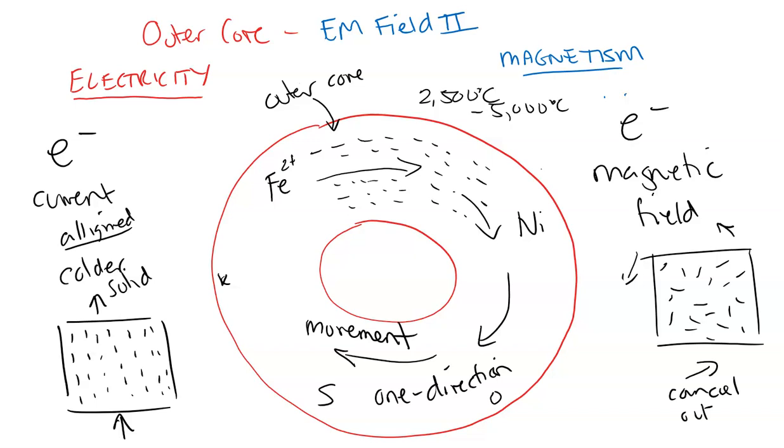So this is how the Earth's electromagnetic field is generated, because of the movement and spin.